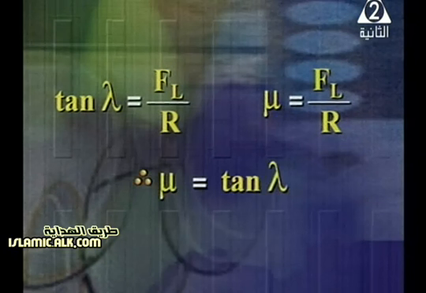Tan lambda equals F over R. Remember, mu equals F over R. What do you deduce, dear student? Tan lambda equals mu. When we find the coefficient of friction, we find tan of the angle between the normal and resultant reaction.